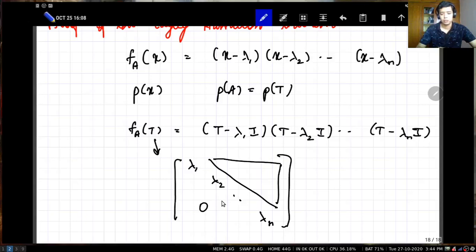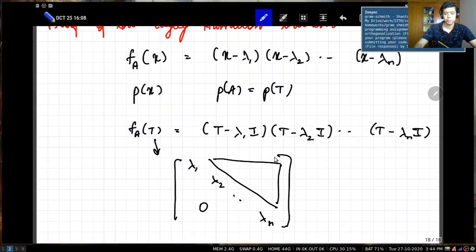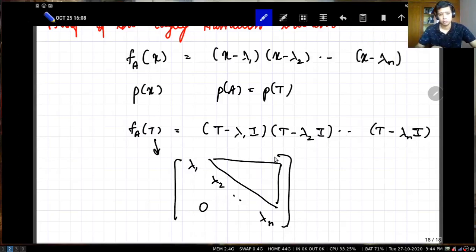Now the important property that we need in order to prove the Cayley Hamilton theorem is that, for this triangular matrix, this corresponds to a fan.